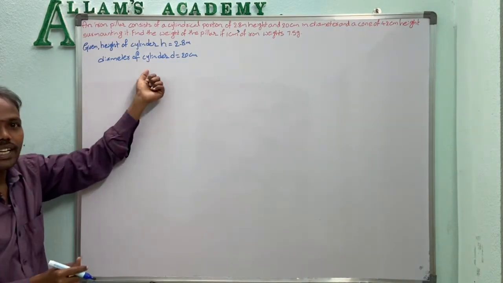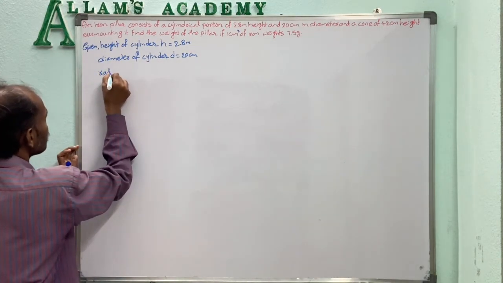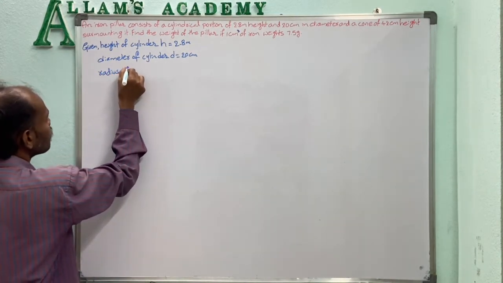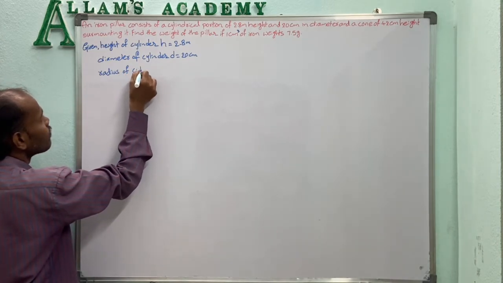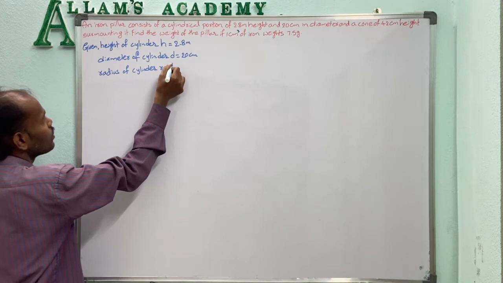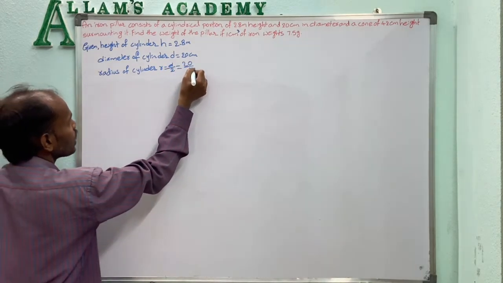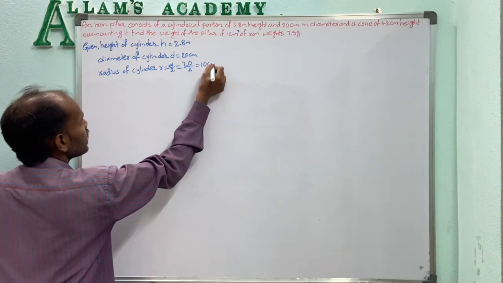So diameter is given, so we have to find the radius. So radius of cylinder r equal to d by 2, that equals 20 by 2 equals 10 centimeters.